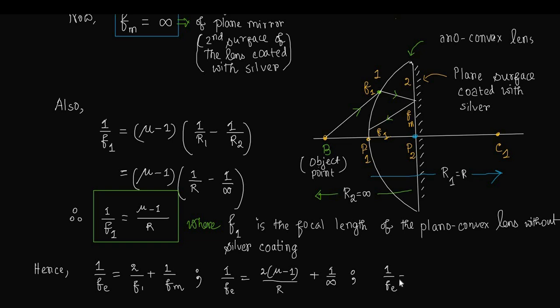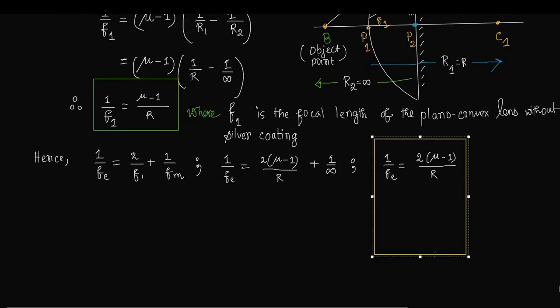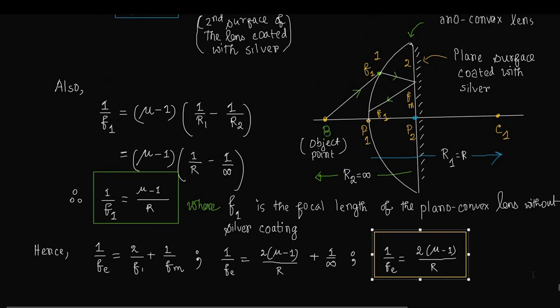Therefore, the reciprocal of equivalent focal length, 1 by FE, is equal to 2 into mu minus 1 whole divided by R, where FE is the focal length of the plano-convex lens whose plane surface is coated with silver.